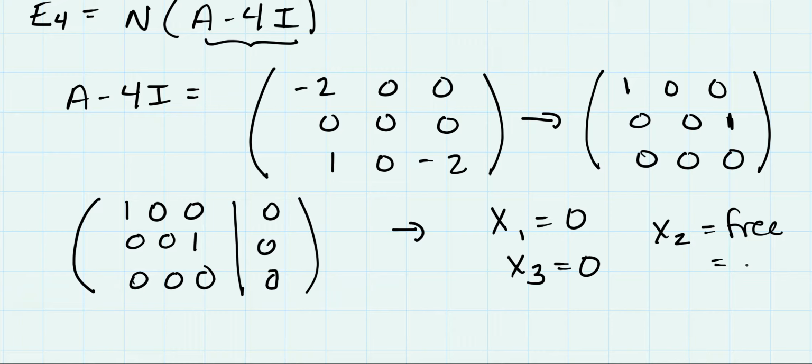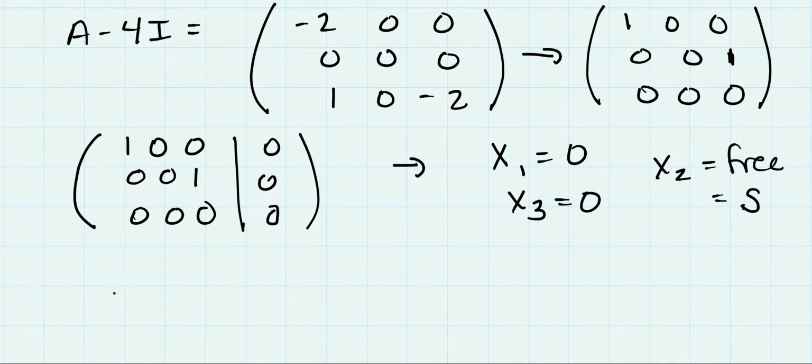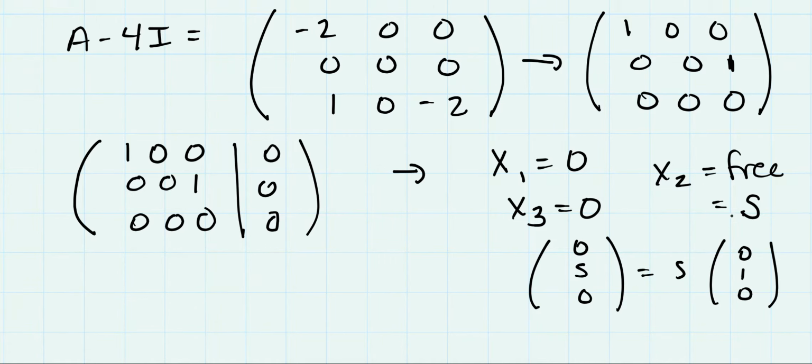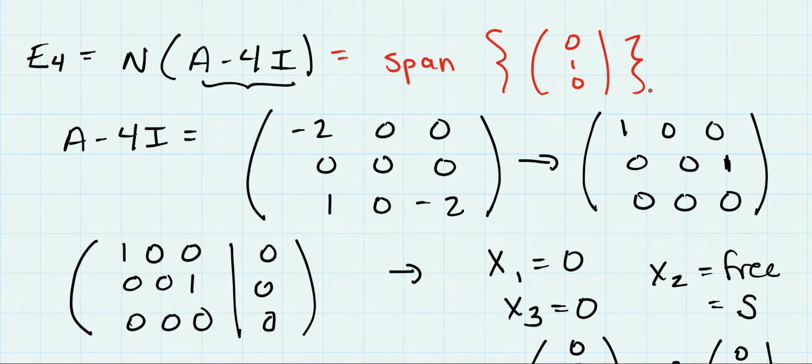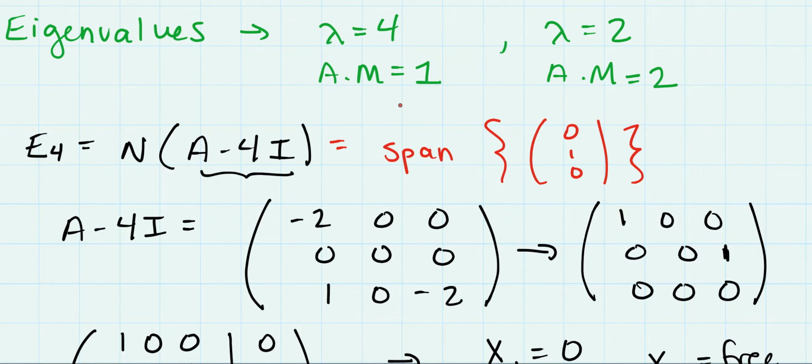So since it's free, we can give it a letter, like S. So you see that the null space consists of vectors that look like 0, S, 0. So this is just the vector e2. So this eigenspace is the span of 0, 1, 0. Okay? Which makes sense because the algebraic multiplicity is 1, and that's the same as the geometric multiplicity.